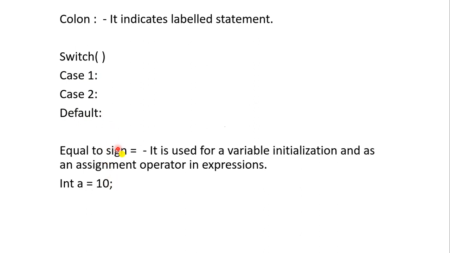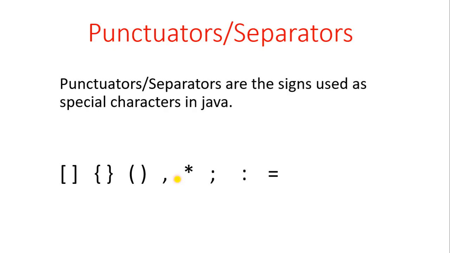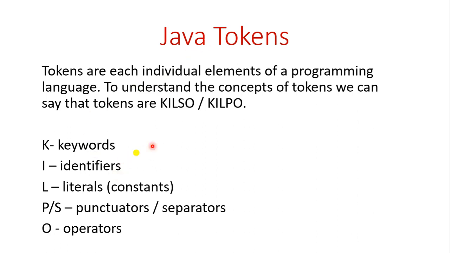And the last character is the equal to sign. It is used for variable initialization and as an assignment operator in an expression. As I told you, in Java tokens many concepts are there. For example, all of these we have covered.